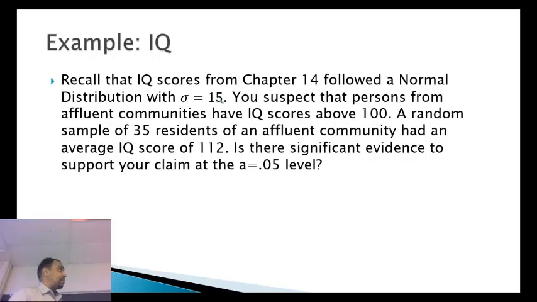You have a random sample of 35 residents from an affluent community. Their average IQ score is 112, and of course alpha equals 0.05. So is there enough evidence to support your claim at the 0.05 level? Here we go. We're going to apply that same four-step process to this problem right here.